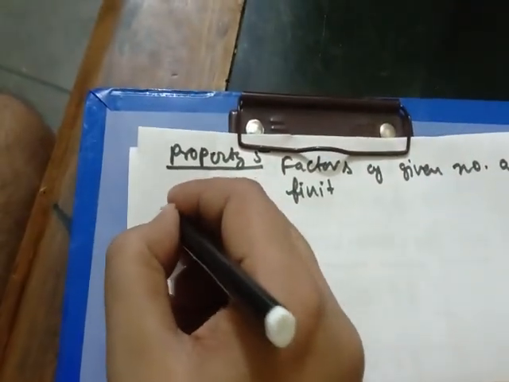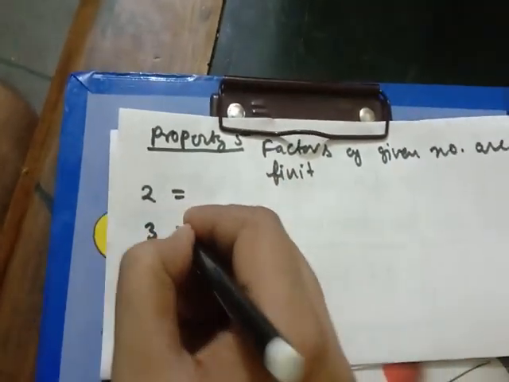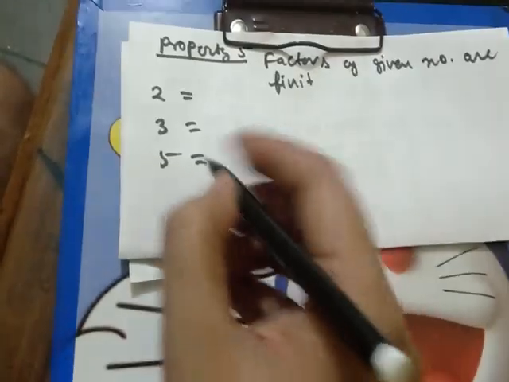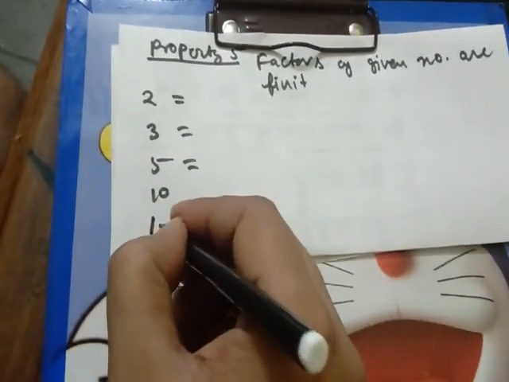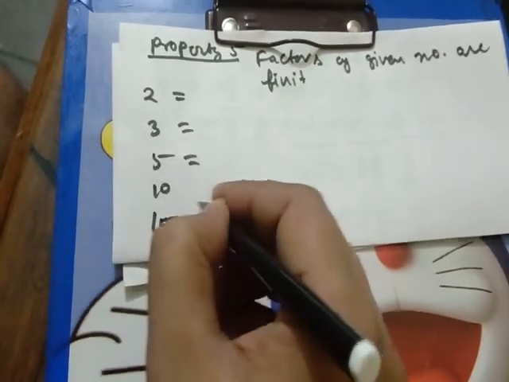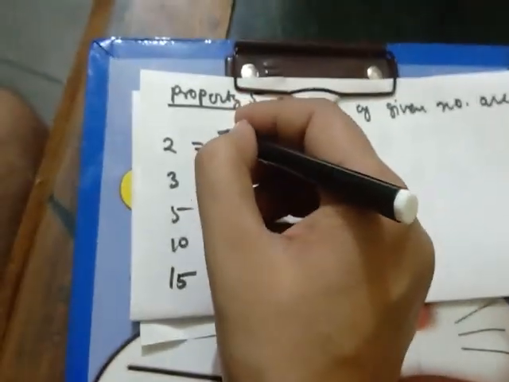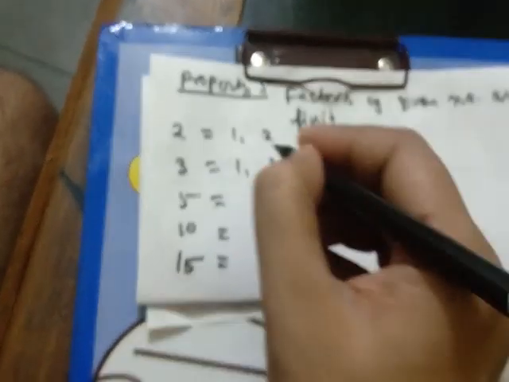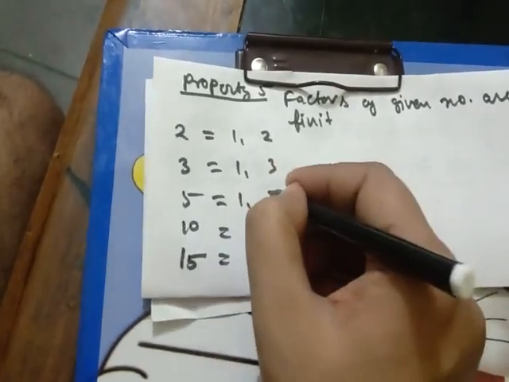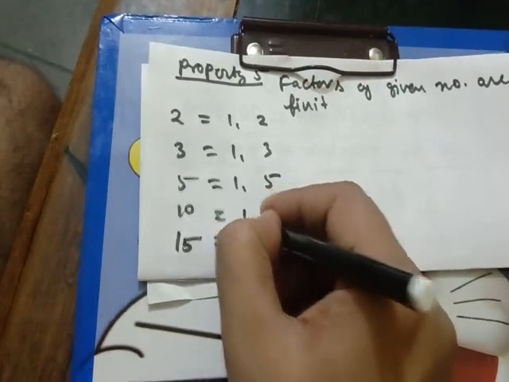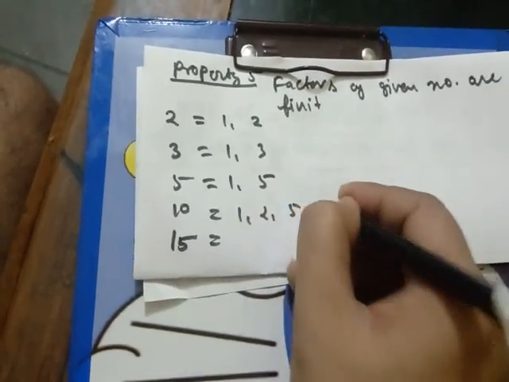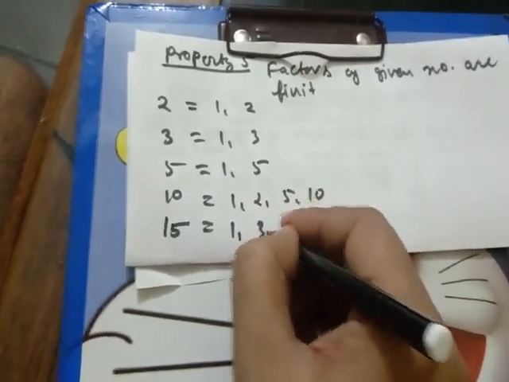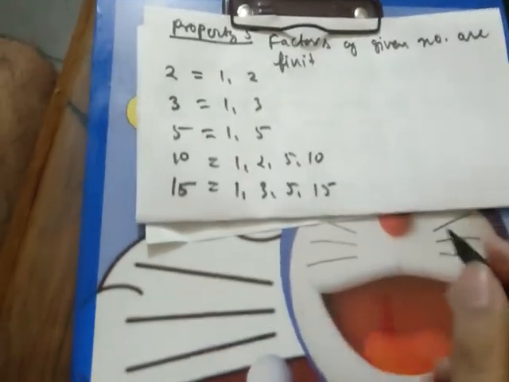For example, 2, 3, 5, 10, 15. Find the factors of 2: 1 and 2 only. Factors of 3: 1 and 3 only. Factors of 5: 1 and 5 only. Factors of 10: 1, 2, 5 and 10. Factors of 15: 1, 3, 5, 15.